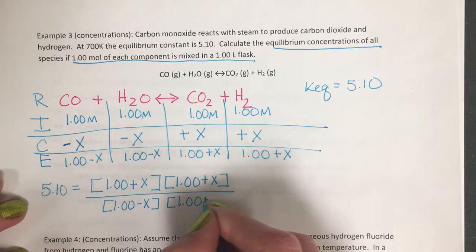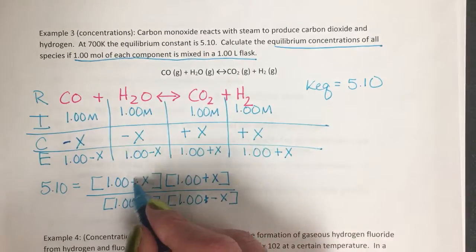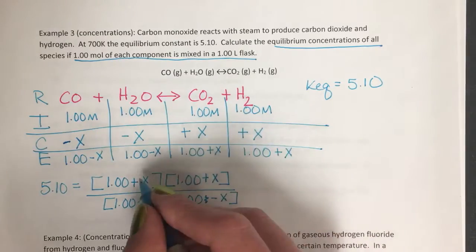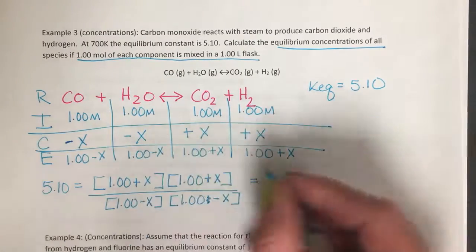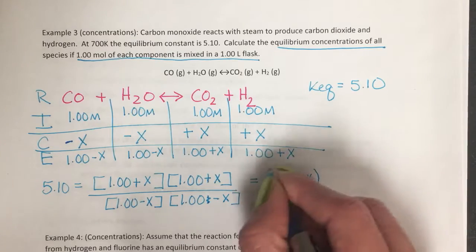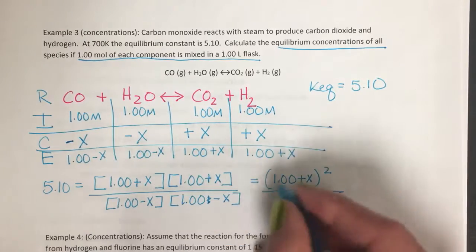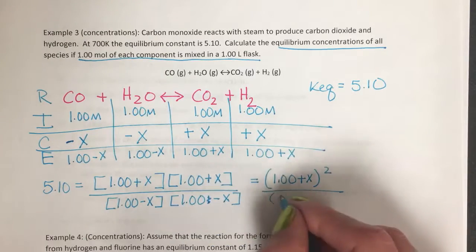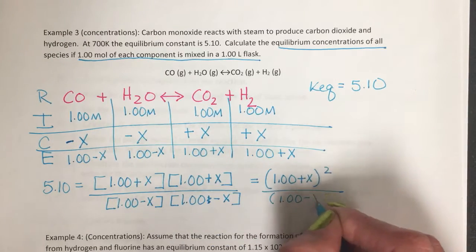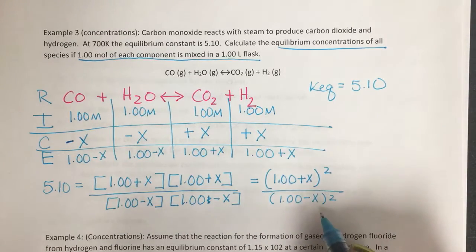Whoops, this should be minus x. Now, because my numerator values are the same, I'm going to say that that's 1.00 plus x squared. Since my denominator is the same, I'm going to say that's 1.00 minus x squared. Well, I want to solve for x.